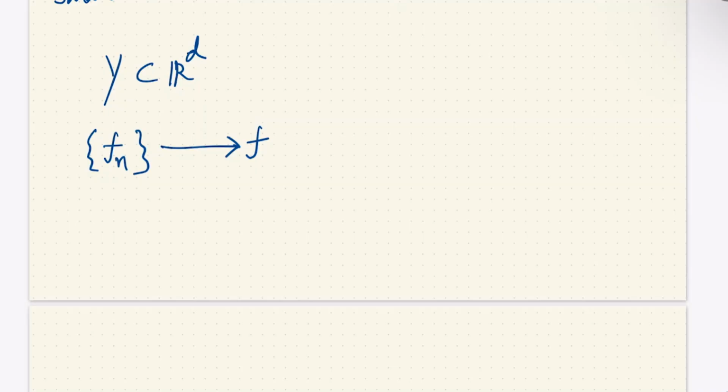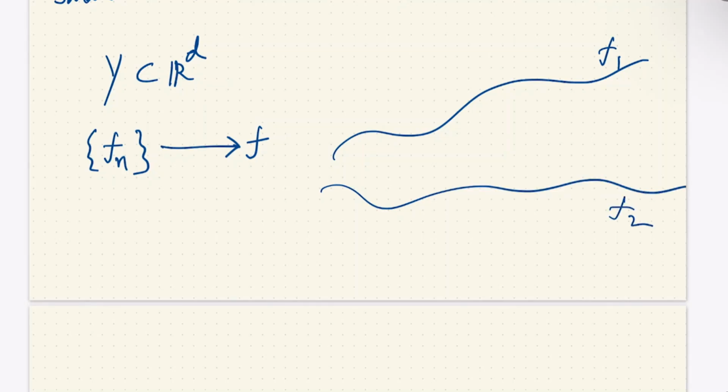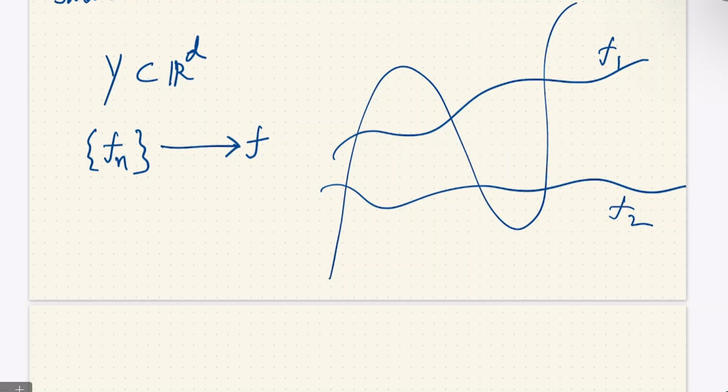There are many ways this convergence is defined: pointwise, through the Lp norm, through probability in stochastic settings, and many others. But let us confine our discussion to pointwise, which is quite obvious. Say this is f1, another function is f2, another is f3, another is f4, and so on.